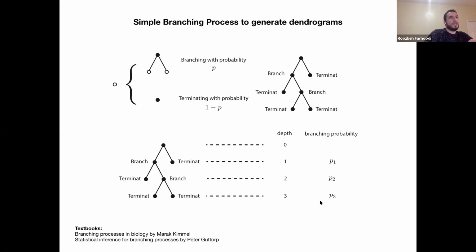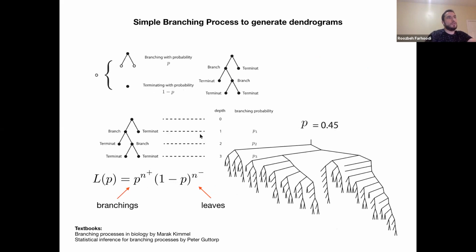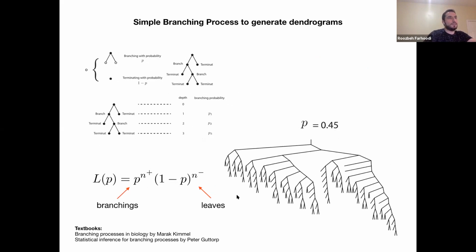And this probability P can depend on the depth that you go. This is, for example, one typical example. If P is equal to 0.045, given this P, you can look at the likelihood. This is a generative model, so we can compute the likelihood, and the likelihood only depends on the branching and leaves. That's a very simple model, the simplest model that we can think of.